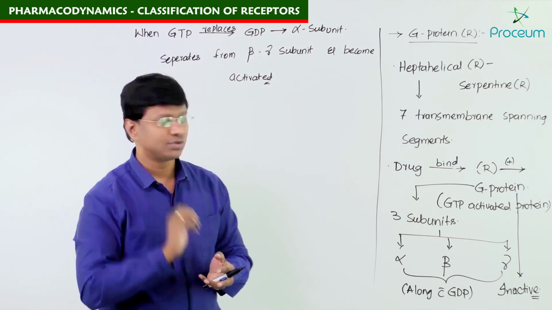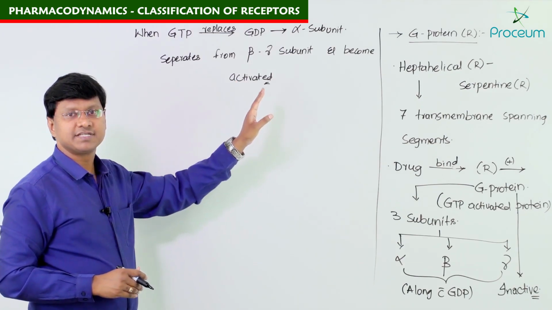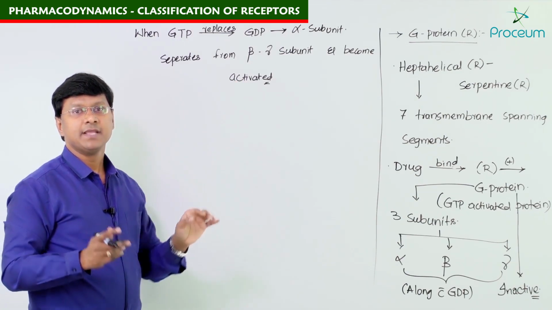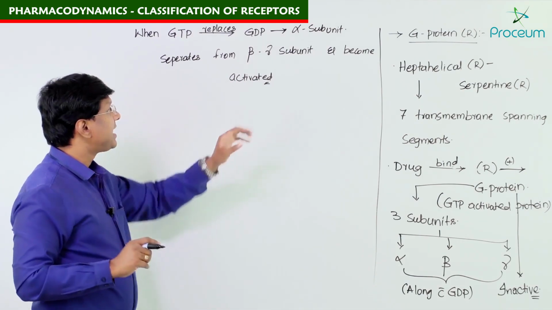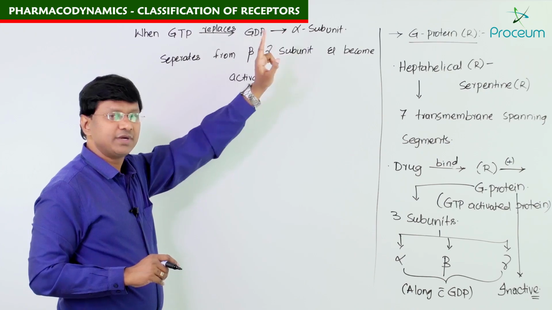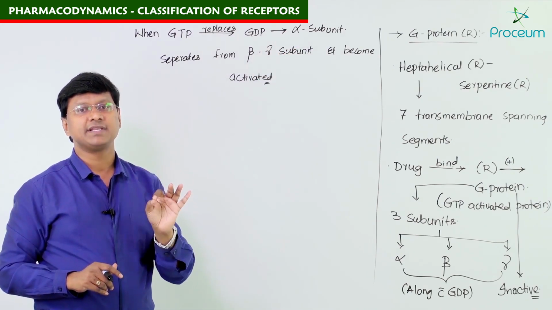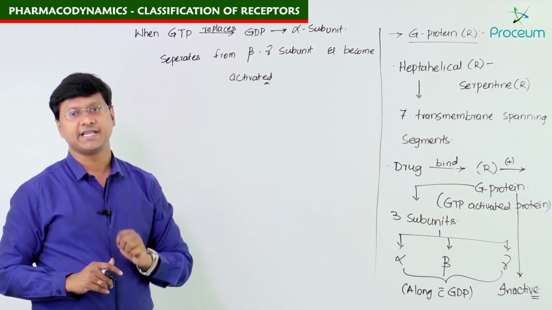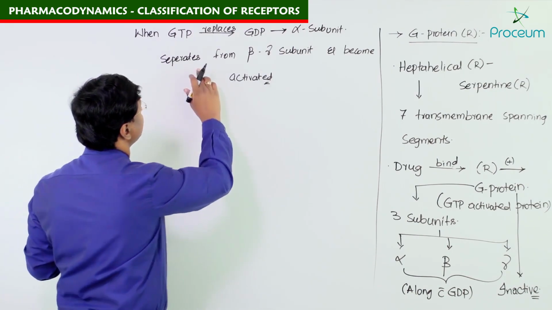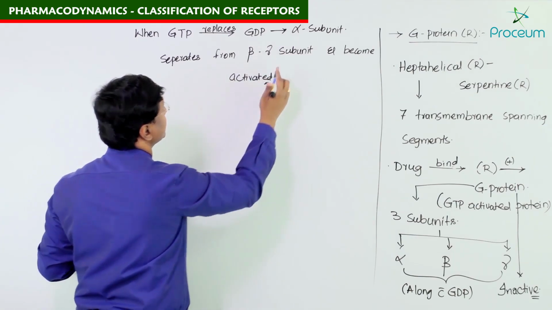All right. Now once this particular G protein coupled receptor is activated, what is there in the activated G protein coupled receptor? Only the alpha subunit is there. So the alpha subunit separates from beta and gamma subunit and it becomes activated.